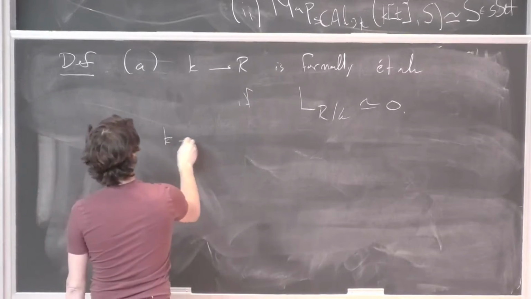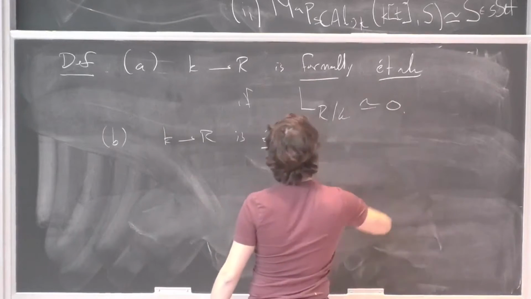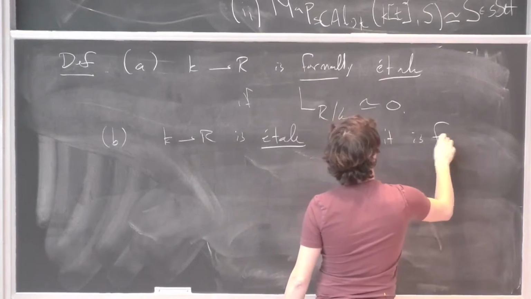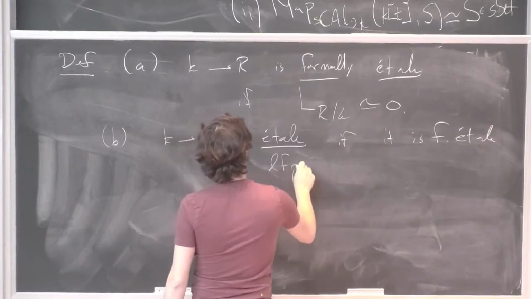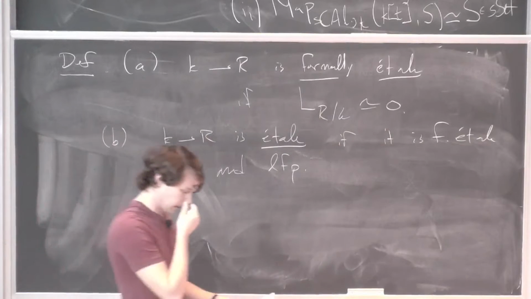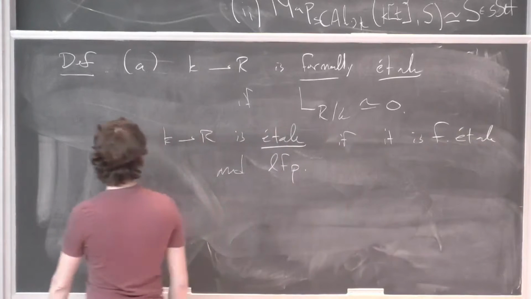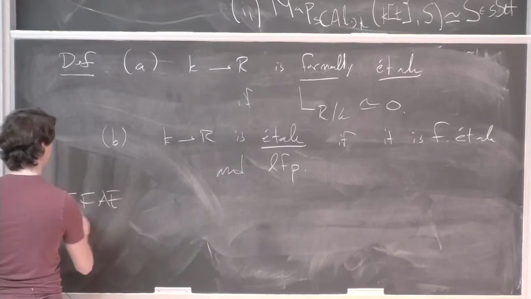And then K to R is étale if it is formally étale and locally of finite presentation. This is probably somewhat familiar. So if we happen to be working with an ordinary commutative ring, then this would in particular apply to ordinary étale maps.